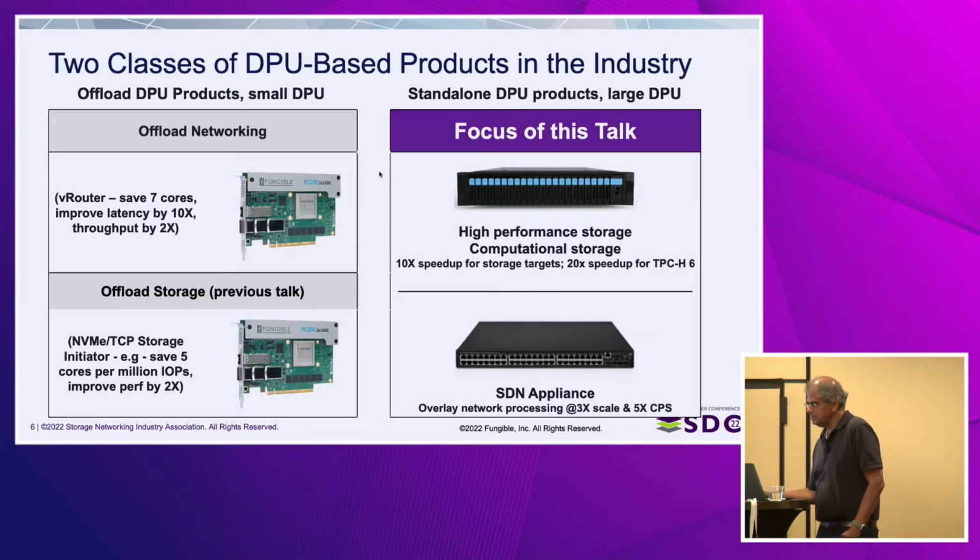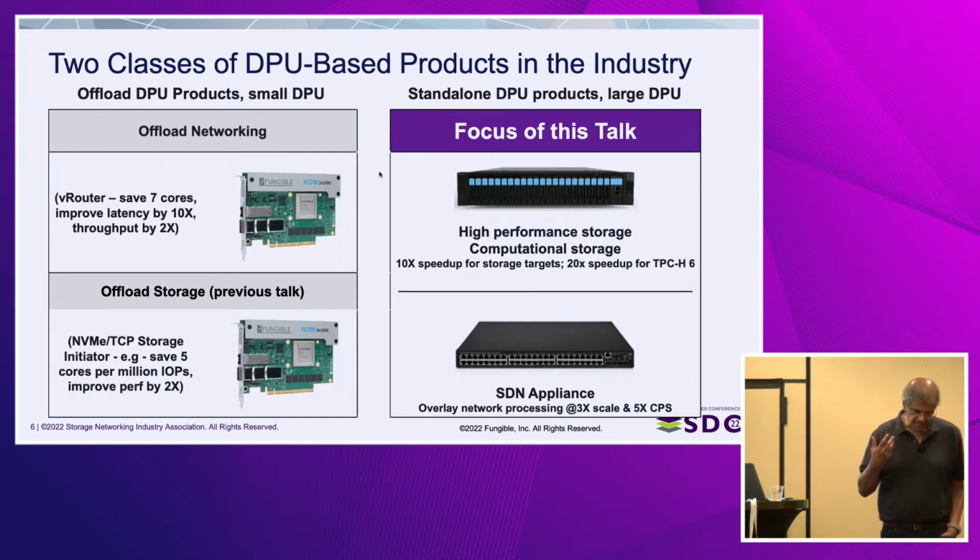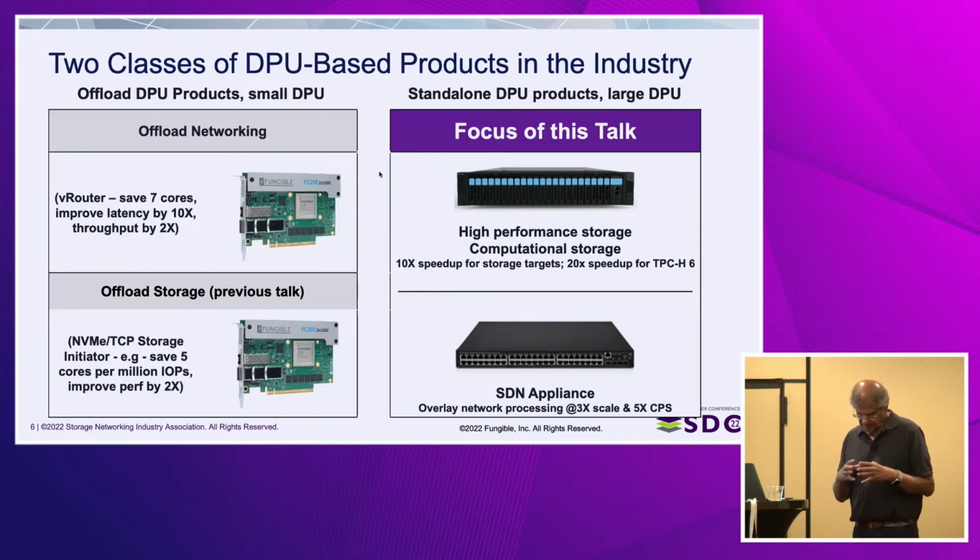Now here's where I want to make a little bit of a difference from maybe other DPU-based talks that you've heard about. There's sort of two classes of DPU-based products in the industry. And in fact, if you were at the previous talk, that's an example of a product on the left. It's a DPU that's ancillary to a server, to a general purpose server. It offloads tasks from that server.